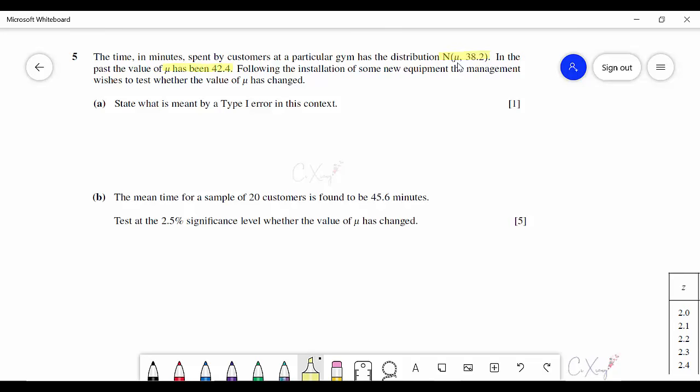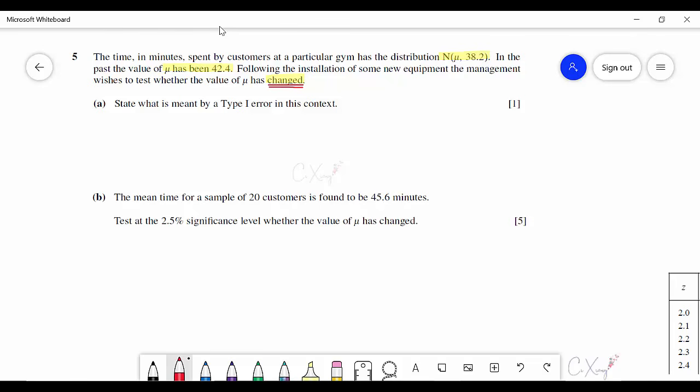Following the installation of some new equipment, the management wish to test whether the value of mu has changed. So the keyword here for the alternative hypothesis is has changed. Please take note that this word change actually didn't tell us in which direction. They didn't tell us whether it is an increase or decrease, so it can mean both directions.